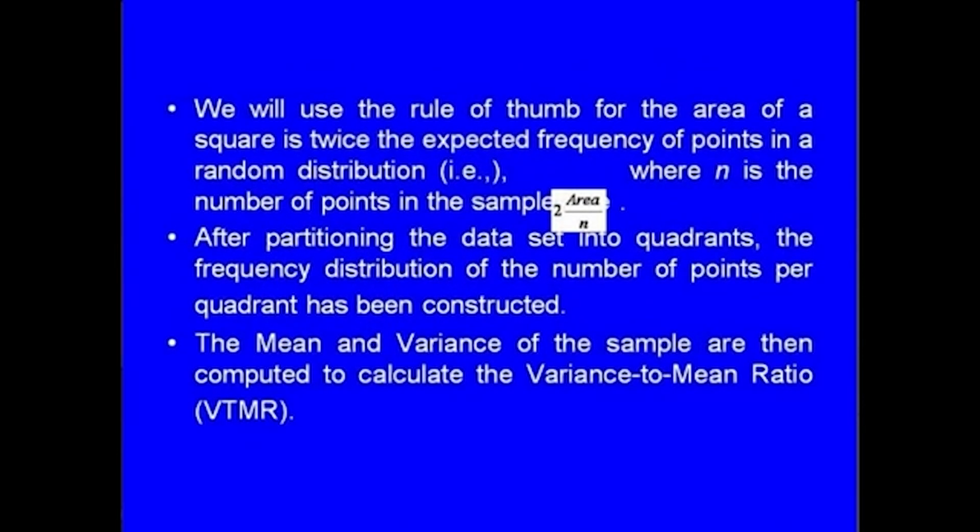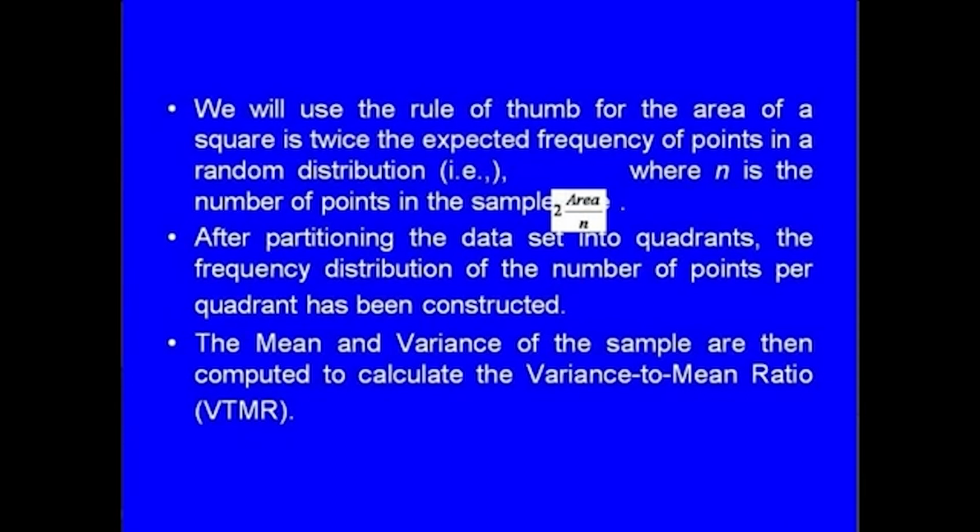In order to do the computations, we will use the thumb rule that the area of a square is twice the expected frequency of points in a random distribution, that is 2 multiplied by the area divided by n, where n is the number of points in the sample size.